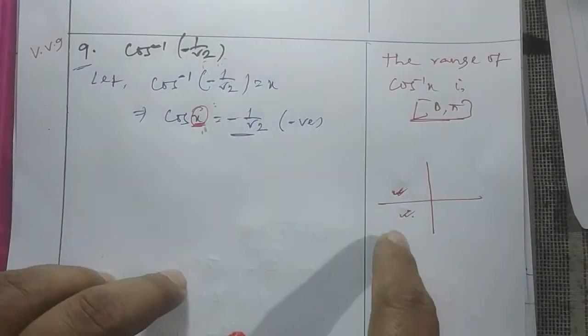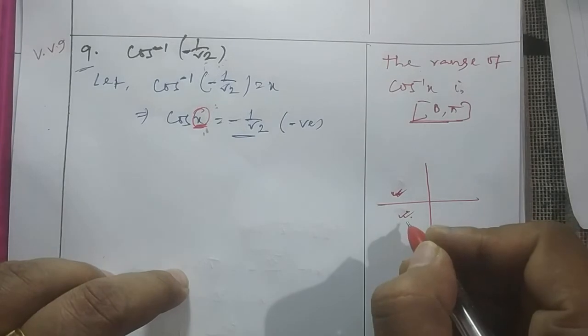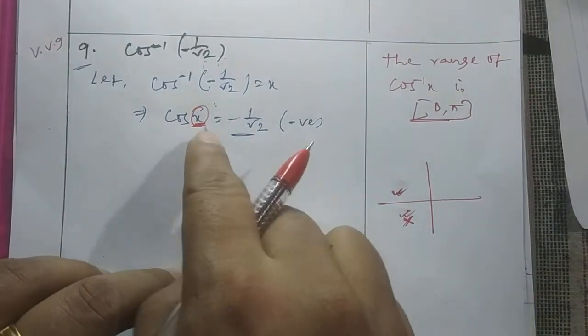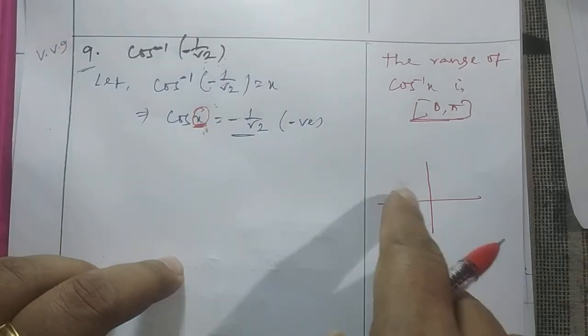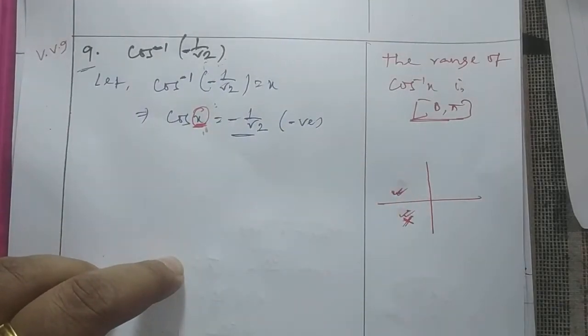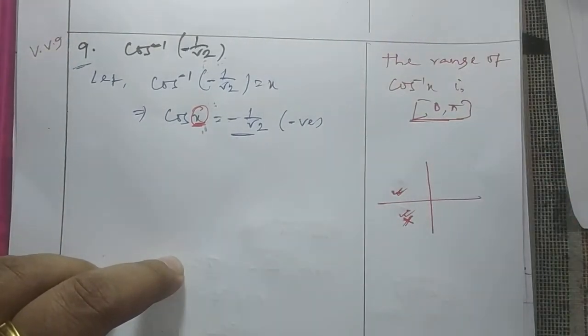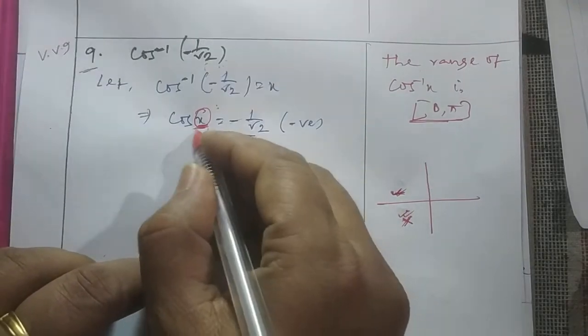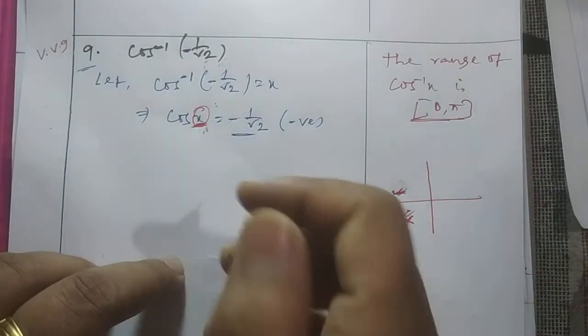That's why we cannot take the angle in the third quadrant. So it is cancelled. The angle x will belong to the second quadrant, also lying in the range. So we will go for the second quadrant.